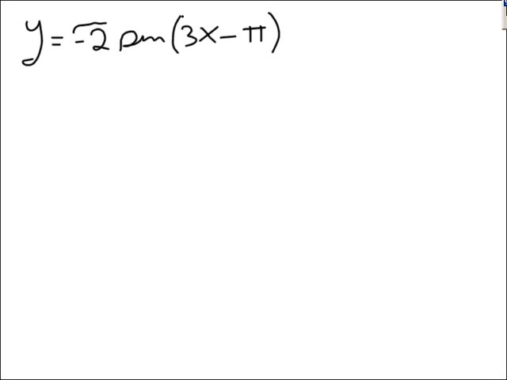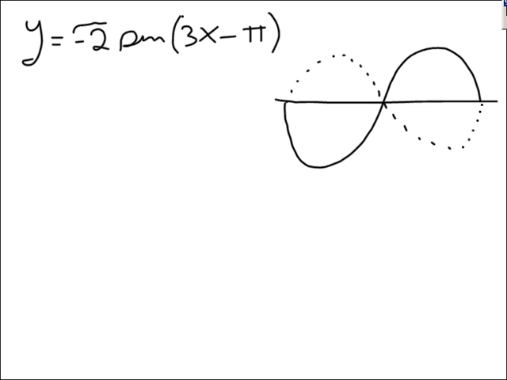Since this number in front is negative, I'm going to draw my sine graph upside down. Normally, it goes like that. I'm just going to draw it upside down. There's my graph. The dotted graph really shouldn't be there. Okay, there's your graph. Okay, done.